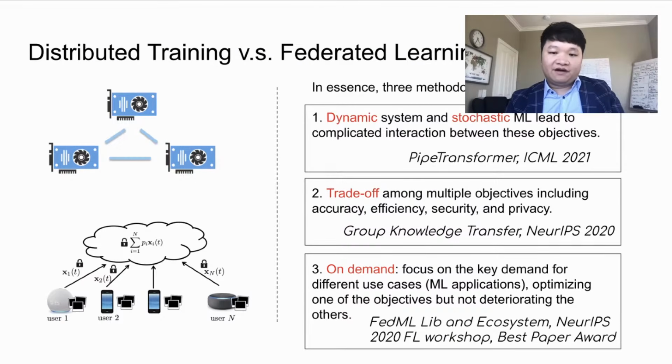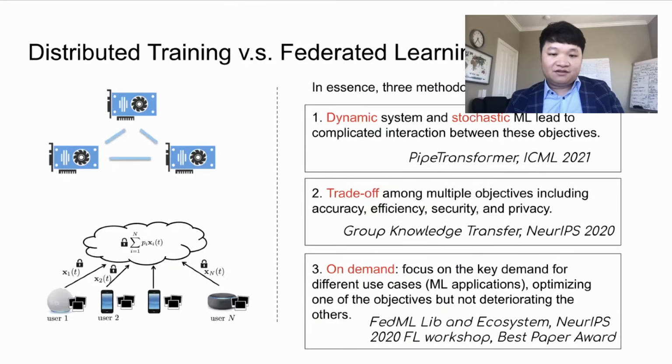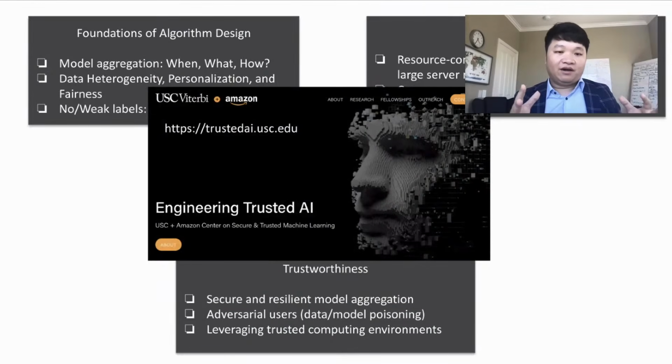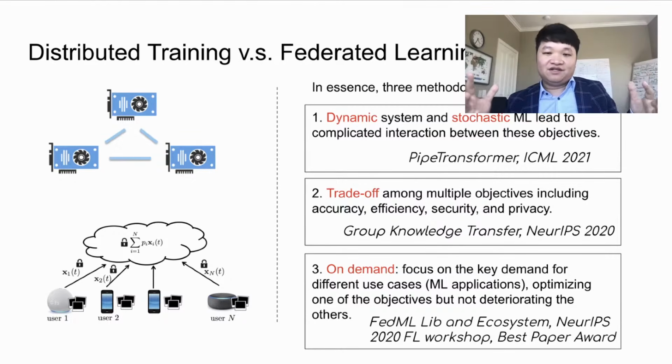You can find our research on these two websites, distributed ML and fedml.ai. So I hope you can get a sense of these three methodologies of distributed ML systems. I hope these three use cases can inspire you to propose more research ideas in these three directions. Okay, that's my talk today.